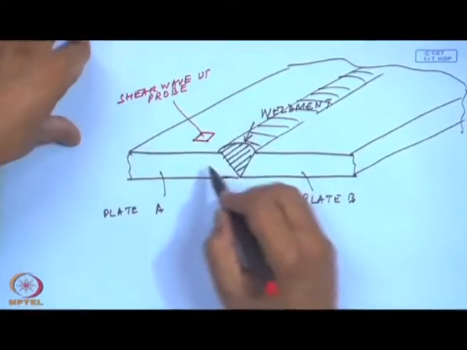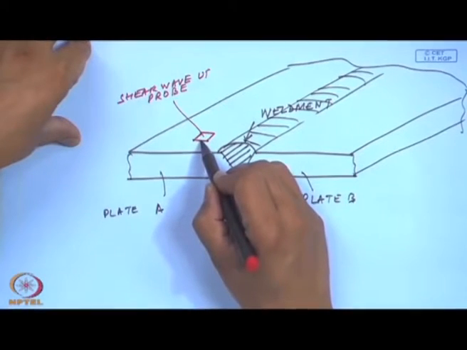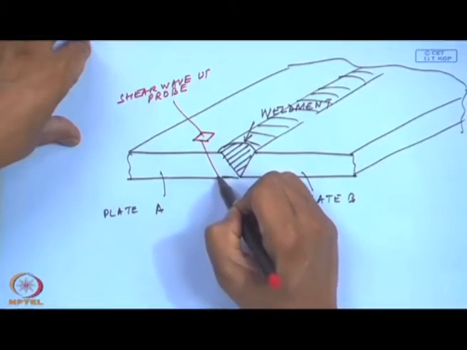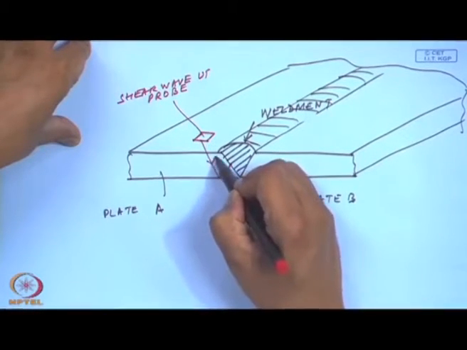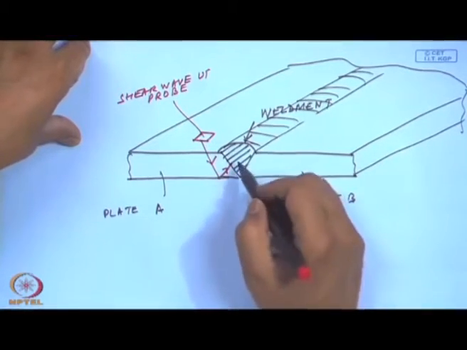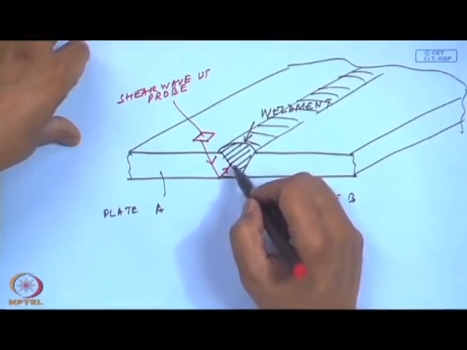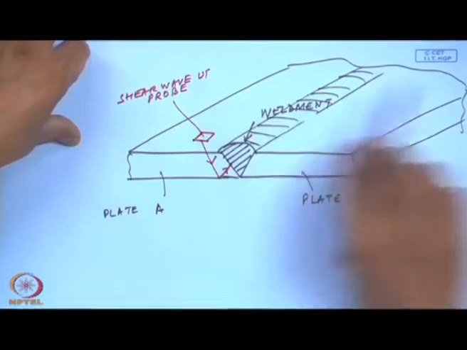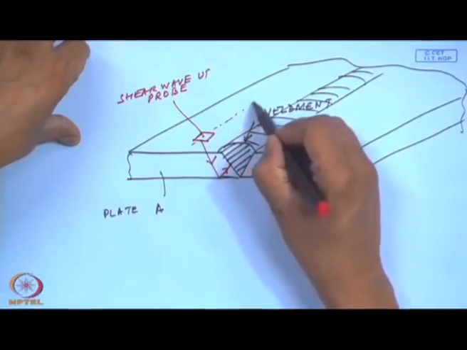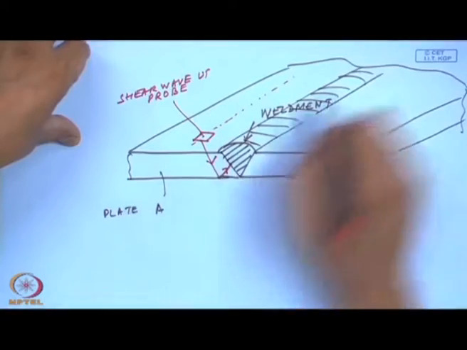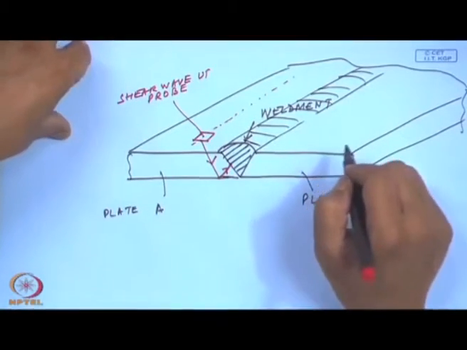What it essentially does is send a beam, and it gets reflected. This gets into the weldment, and I can traverse this probe one by one along the length of the weldment.